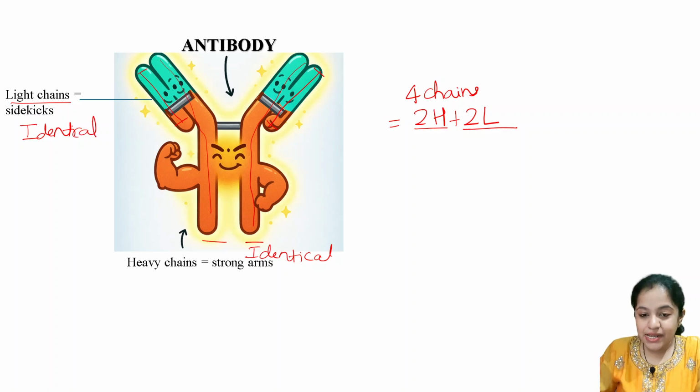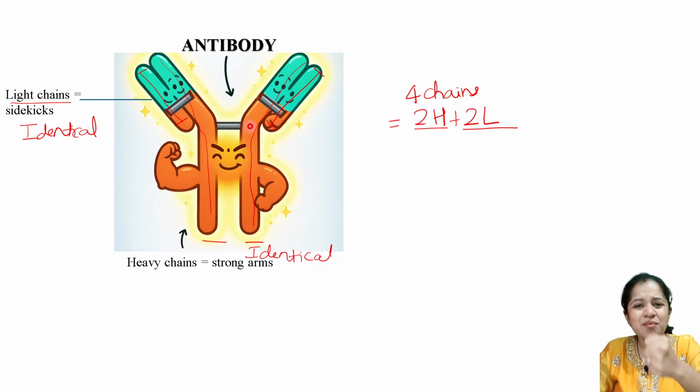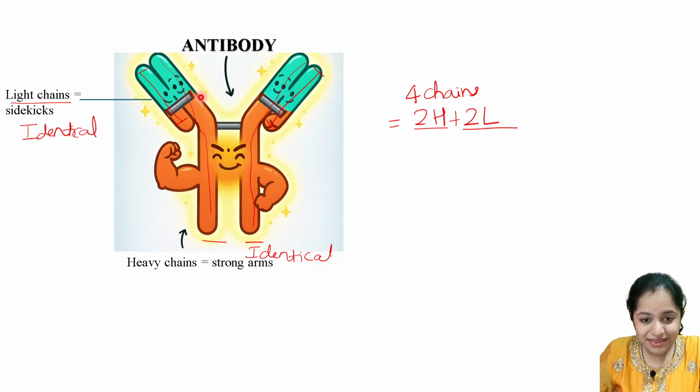Clear? Now you see, what are these 4 chains held together by? Can you see this strong bond between them? What is this? This is the disulfide bond, okay.